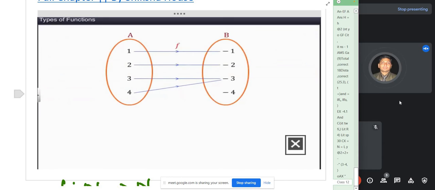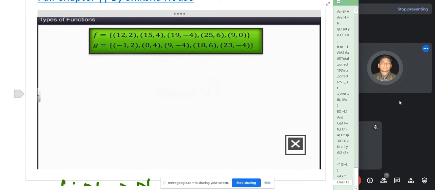For example, function f shown here is not 1-1, as two distinct elements, 3 and 4, of set A have the same image, -3, under f. Hence, function f is many-1.